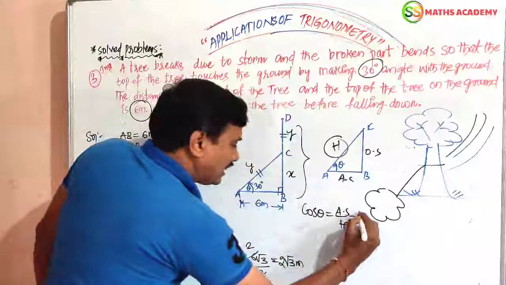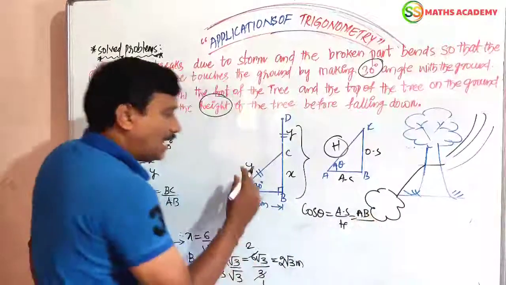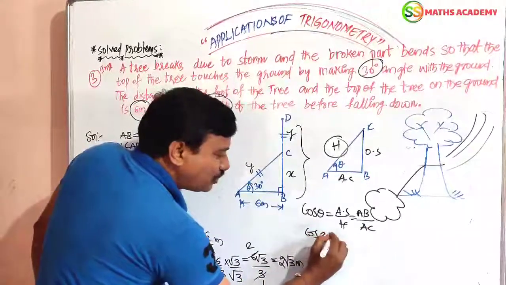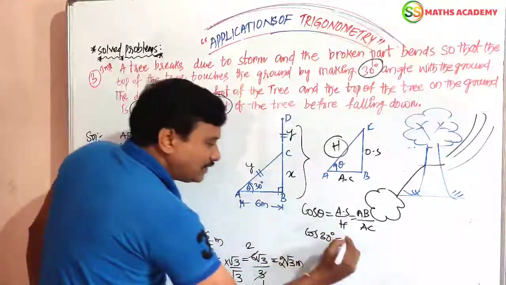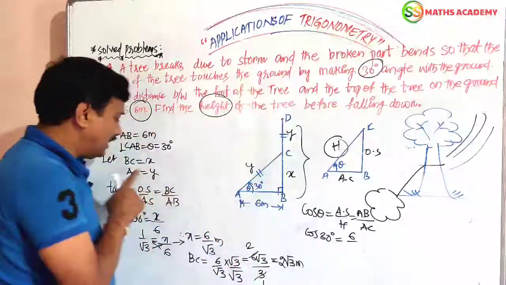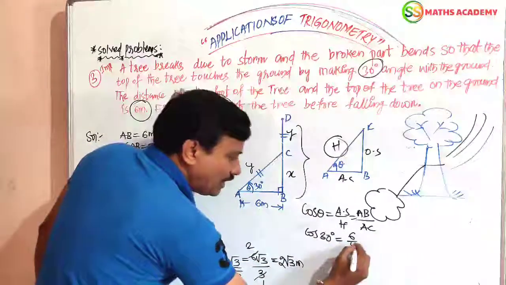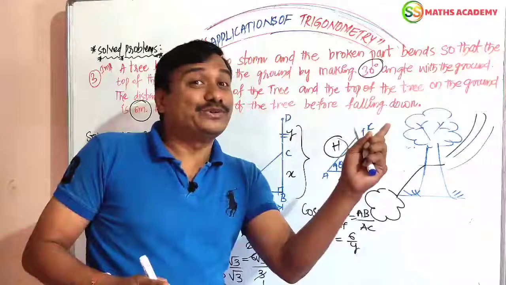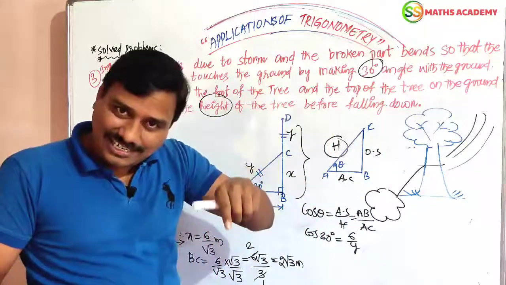With respect to the diagram, the adjacent side is AB and the hypotenuse is AC. So cos theta, where theta is 30 and AB is 6 meters. AC we have assumed as Y, so cos 30 equals 6 by Y. Cos 30 is root 3 by 2, the same as sin 60.